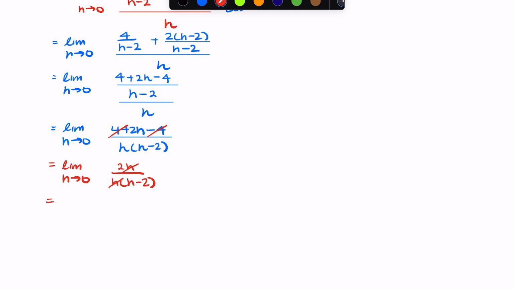If we sub in 0, we get 2 over 0 minus 2, which is equal to negative 1, and that's the slope. We're not quite done because we have to find our y-intercept, and we know that y is equal to mx plus b. Our slope is negative 1, so y is equal to negative x plus b.